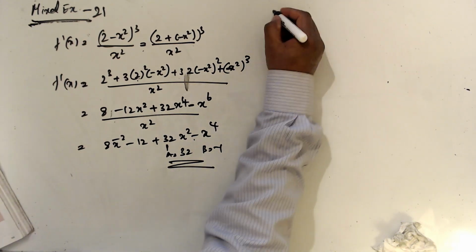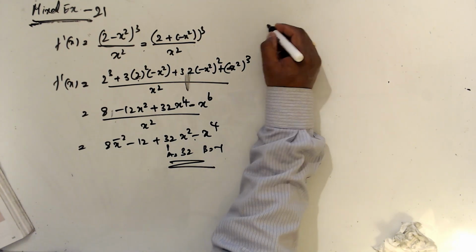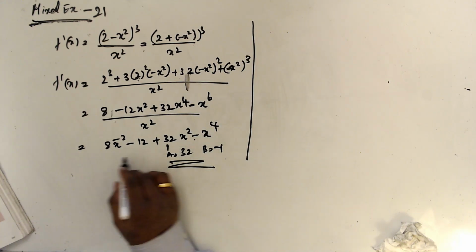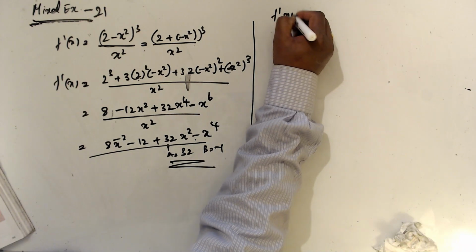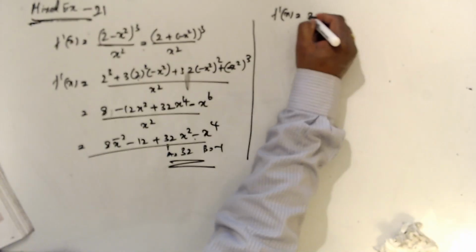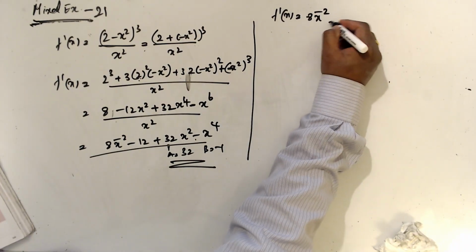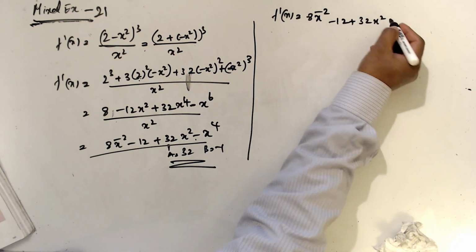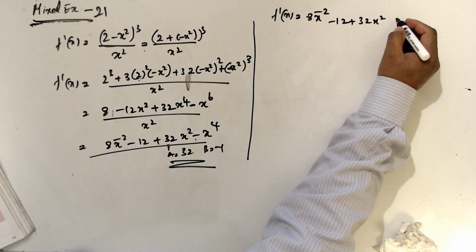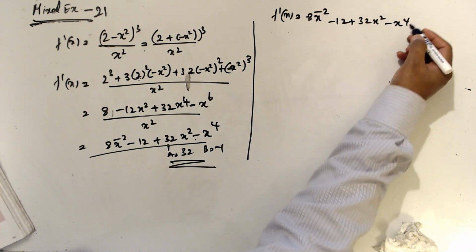Now the next question is I need to find f double dash x. So I have to differentiate this one again. F dash x is 8x minus 2 minus 12 plus 32x square minus x to the 4.